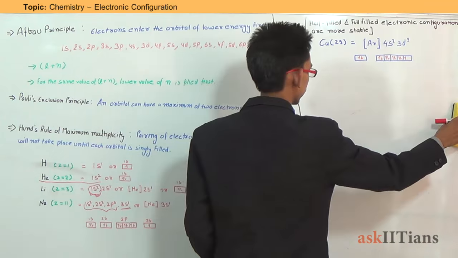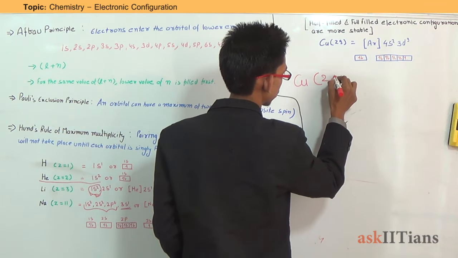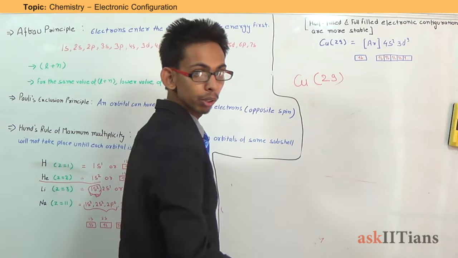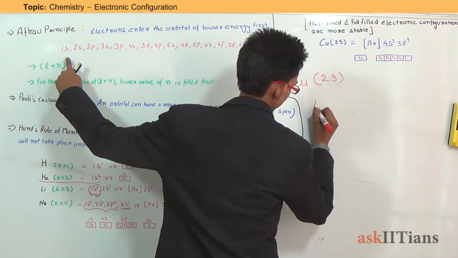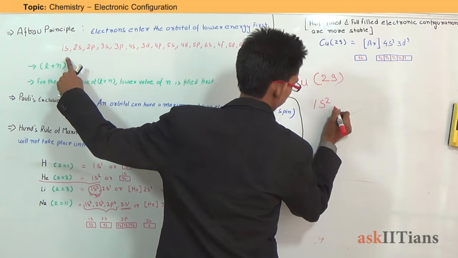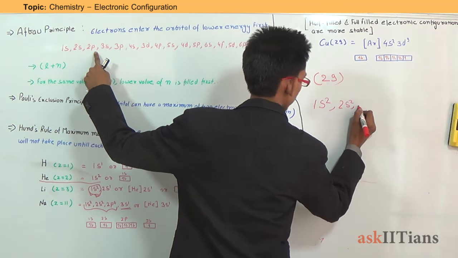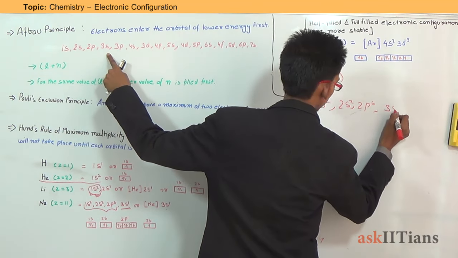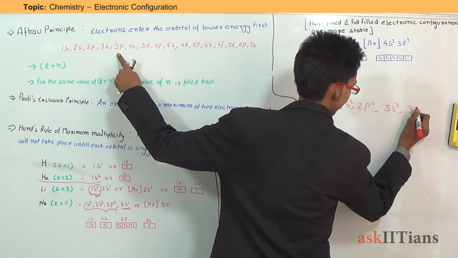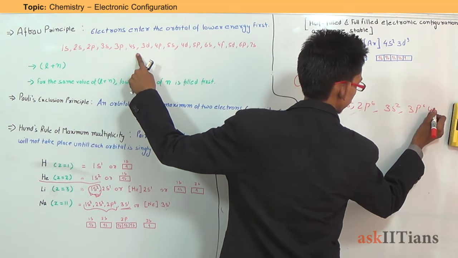Copper. The atomic number of copper is 29. So let's write down its electronic configuration. First of all, 1s2, then 2s2, then 2p6, 3s2, 3p6, 4s2.